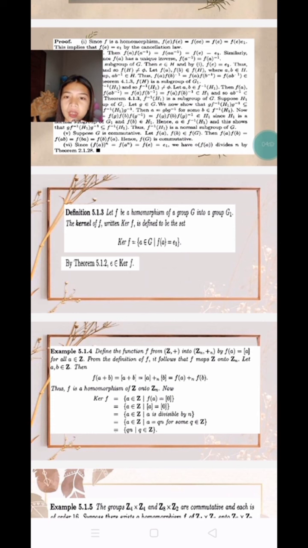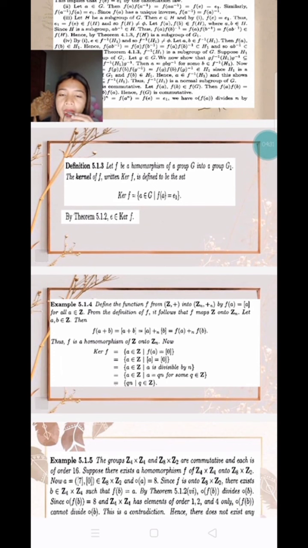The kernel of f, written ker f, is defined to be the set ker f equal to the set of A in G such that f(A) is equal to E sub 1. By theorem 5.1.2, E is an element of the kernel of f.